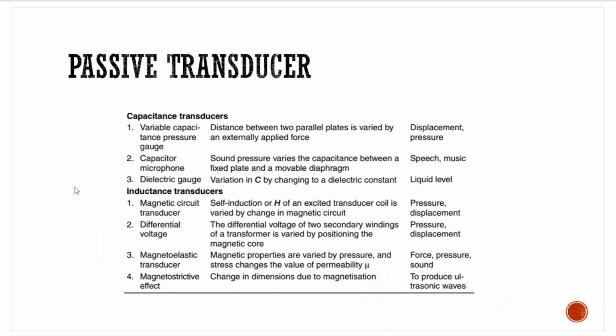ऐसे capacitance transducers. Now using the physical phenomenon, if you are able to change the capacitance of any device, accordingly वो जो variation होगी, according to that we'll be able to measure some non-electrical quantity. Say for example, we have a variable capacitance pressure gauge.